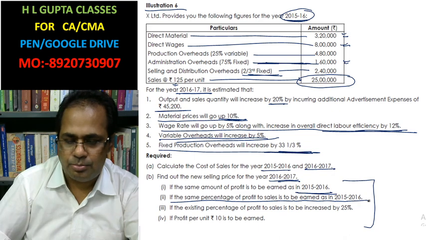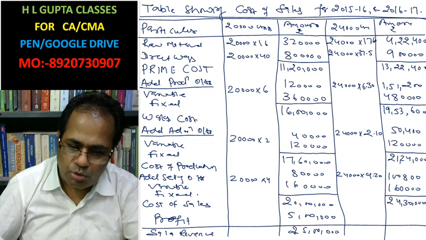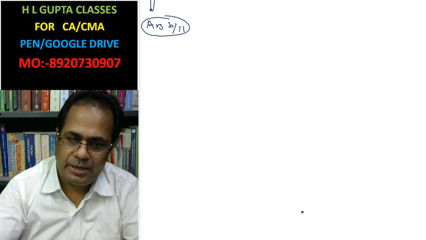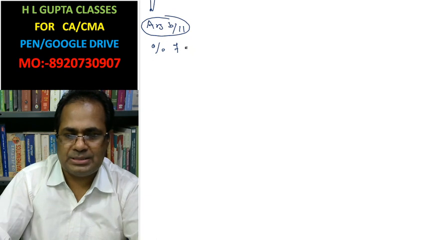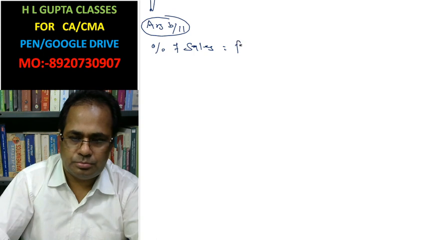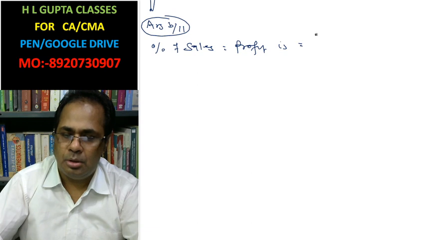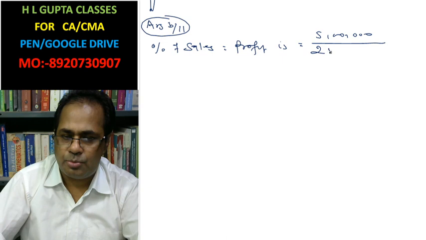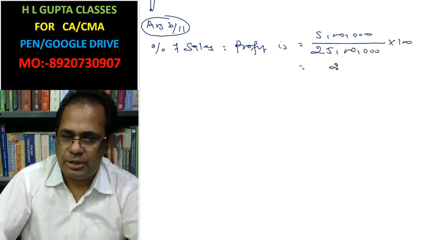In this case, out of 25 lakh sales, 5 lakh is the profit. The percentage of profit on sale is 5 lakh out of 25 lakh, that is 20%.